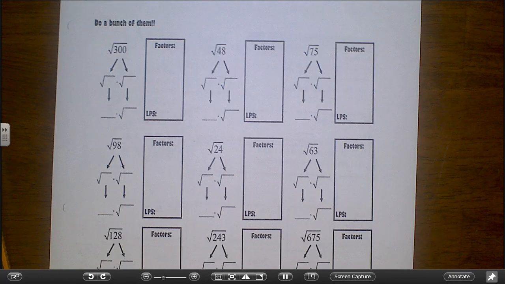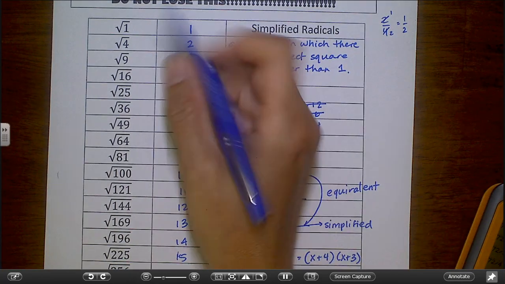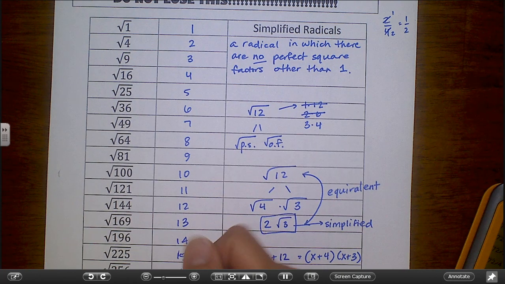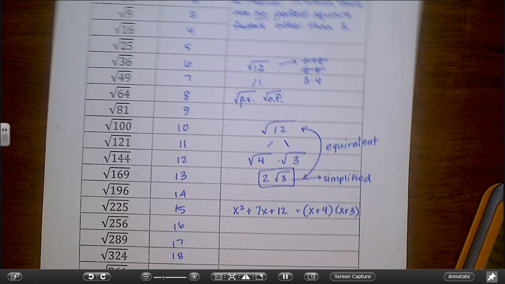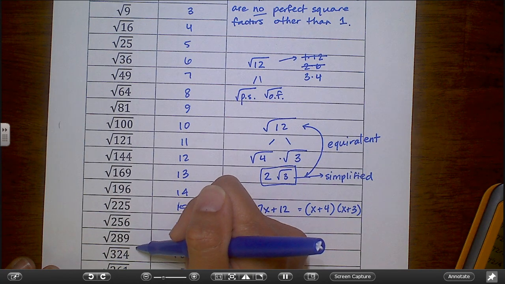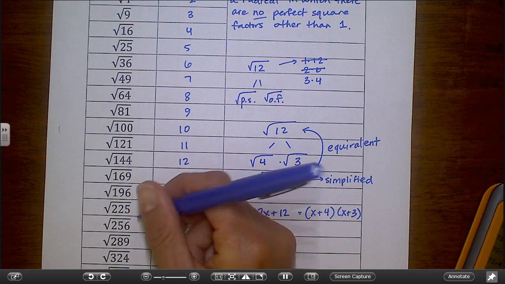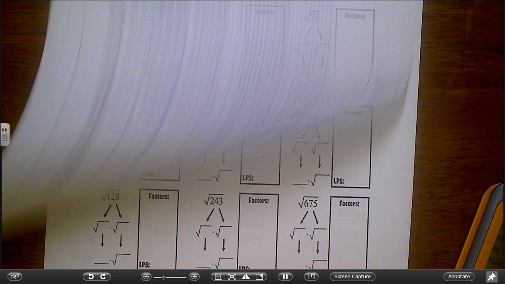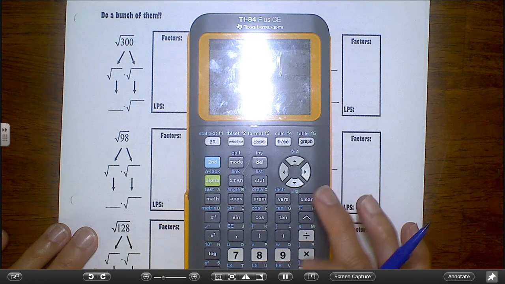There's a 300. So I have 2 things I could do. Well, actually, this is the only thing that's going to work. So I kind of don't want to start at 289 and go all the way up, right? 300 divided by 289, 300 divided by 256, 300 divided by 225, and so on and so on. So this is one of the ones where it's such a big number that I'm just going to think of things that might go into it.